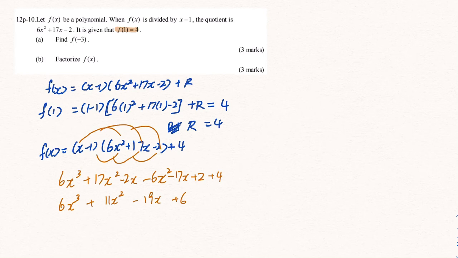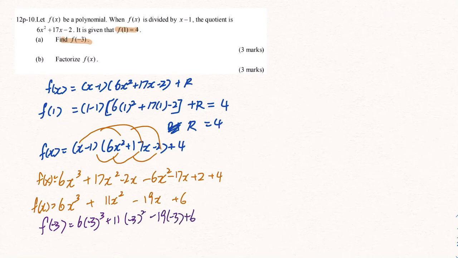Now we have to find f(negative 3). So instead of the x, we have negative 3. Please use a calculator, and then you should be able to get it as 0. So what does that mean?